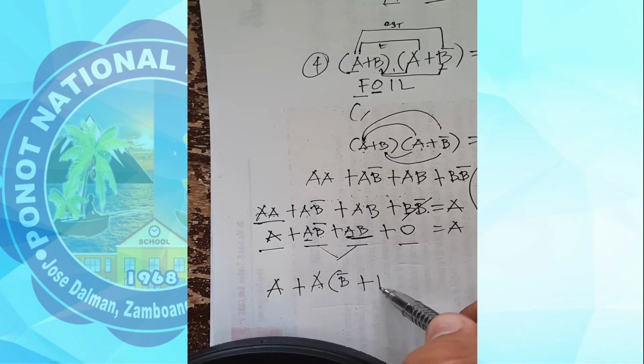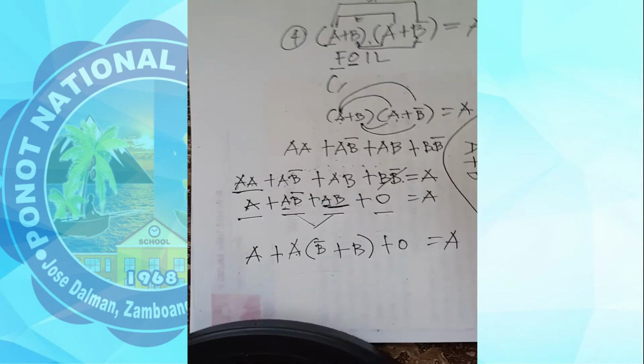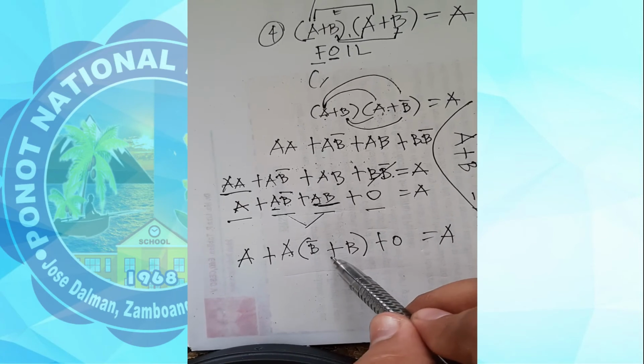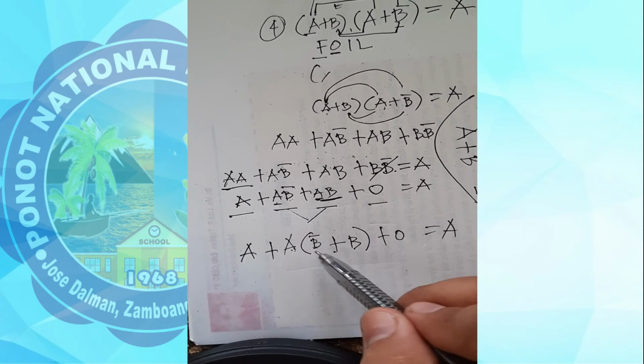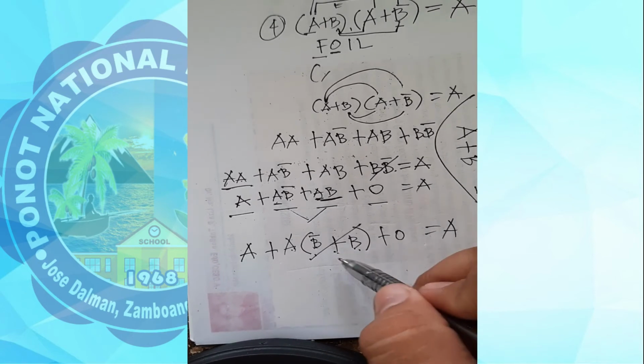So, A times B, that is AB, plus 0. Okay. We know that B bar plus B, looking at the postulate, is 1.